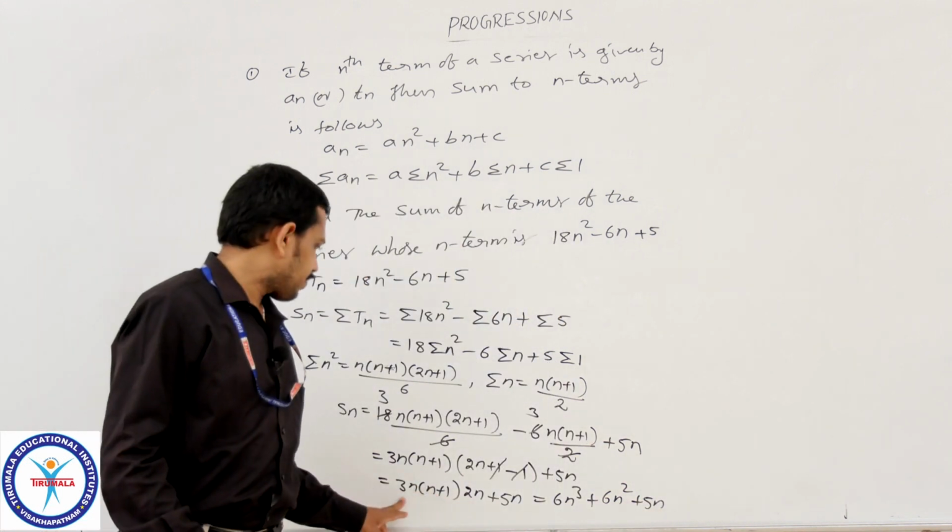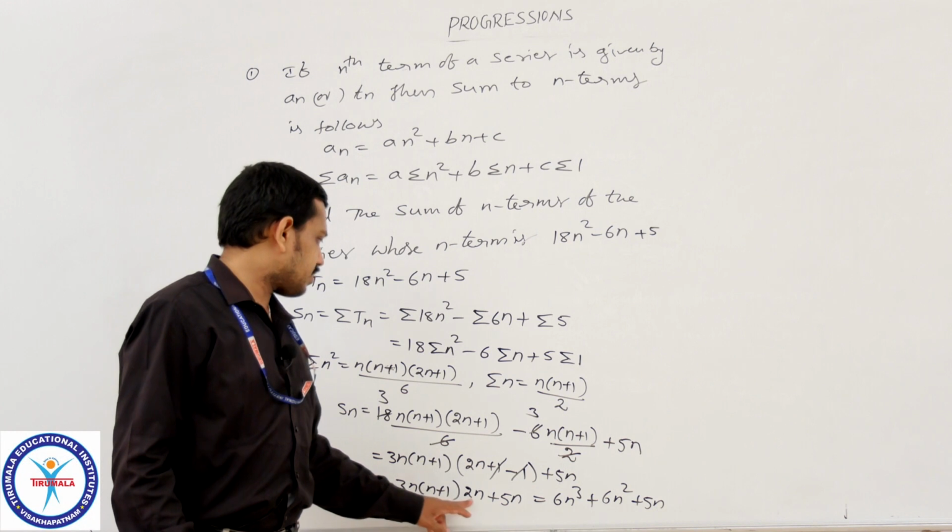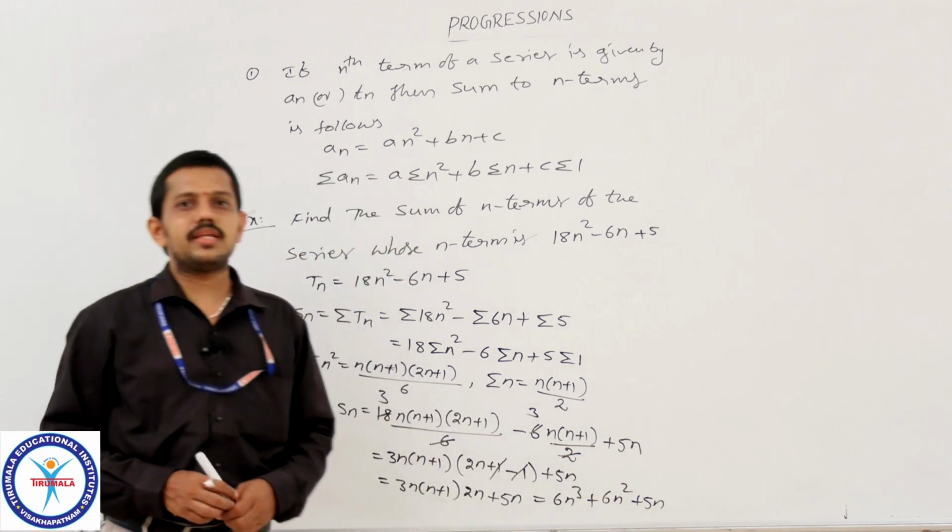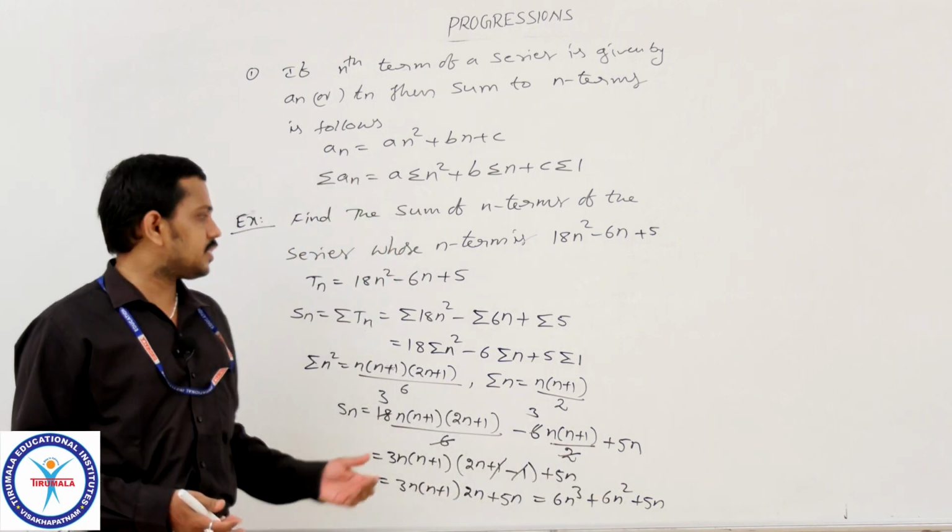So 6n cube plus 6n square plus 5n is the sum of n terms of this series.